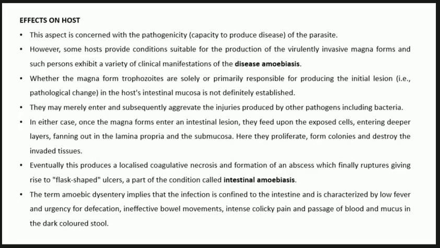Eventually this produces localized coagulative necrosis. Remember what all this process will lead to: coagulative necrosis. Localized means where exactly the damage has happened, that area. So coagulative necrosis and formation of an abscess, which finally ruptures, giving rise to a flask-like ulcer.